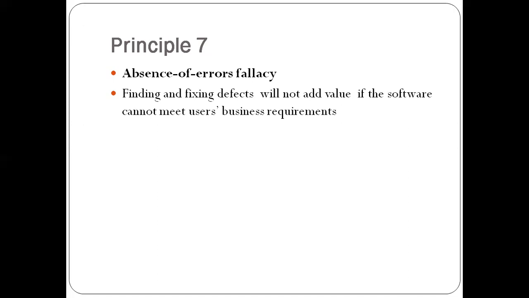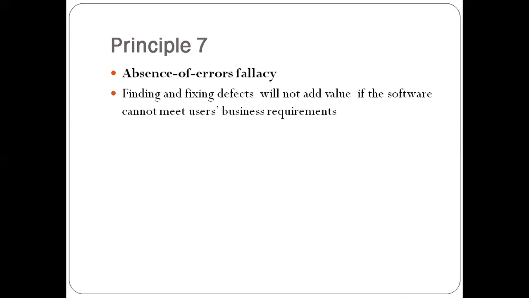So do hundreds of tests, do thousands of tests, it is not going to add value. It's not going to make sense at the end of the day, when the users and everybody are complaining, no, this is not what we asked for, we can't use it. It cannot meet legal requirements, contractual requirements, or regulatory requirements.